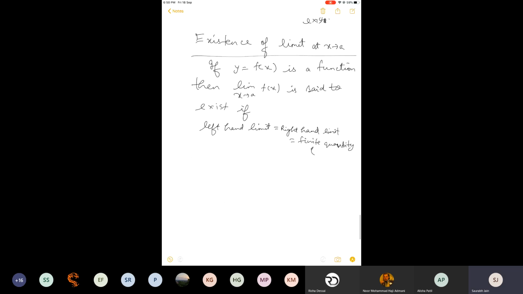This finite quantity is the value of limit. This will be asked in the question: what is the limit?